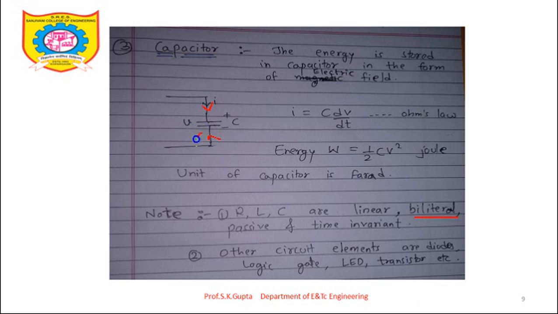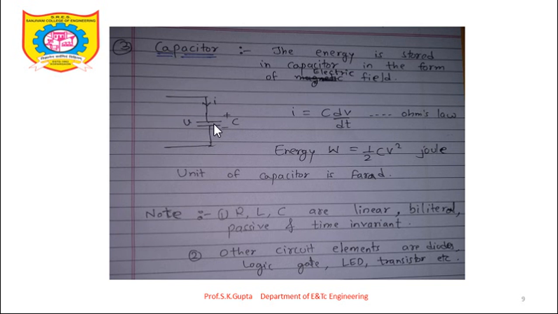That means it allows current flow in both directions. Passive means these are passive elements: whenever some voltage or current source is connected, they will always absorb. And time invariant means their relationship with the input, like voltage and current, does not change with time.